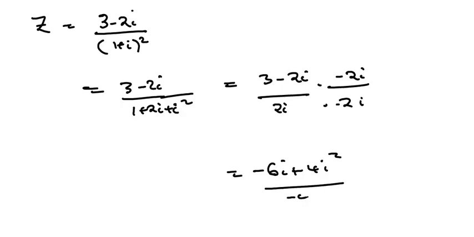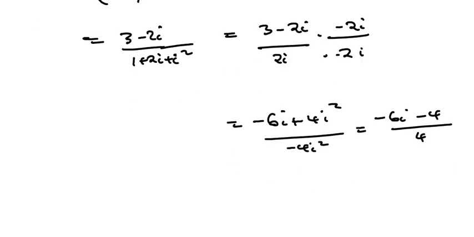Down you just get a negative 4i squared. This here is the same as negative 6i minus 4 over 4. Then we'll say negative 6i over 4 minus 4 over 4. This will just tend to be negative 1 minus 3 over 2i.